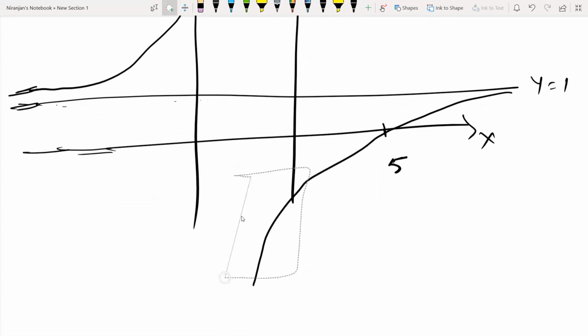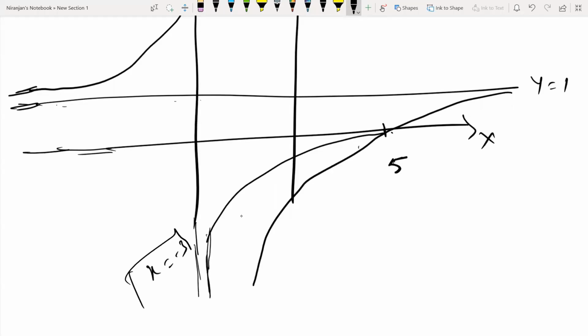I meant to say that this should be something like this. I hope you guys understand. It goes asymptotically at x equal to -3. So it will never touch this vertical line, but it will go just like this. And here it will go like this.